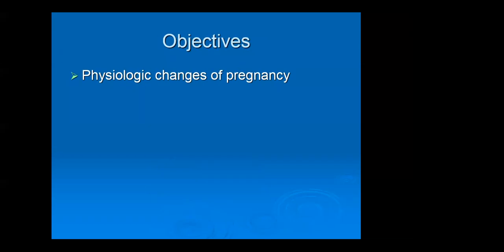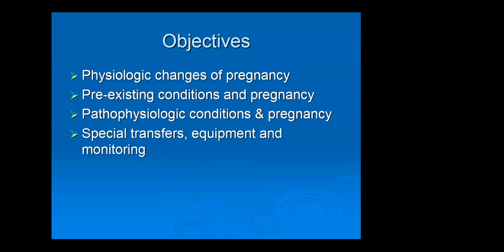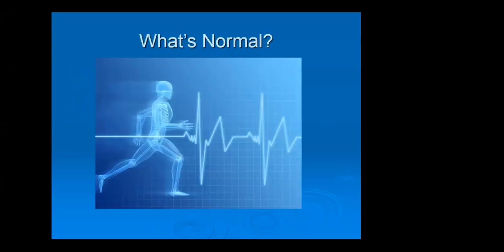So when we start out talking about the OB, we're going to move from OB through delivery into the pediatrics, progressing in a logical order. Objective-wise, we'll talk about the physiologic changes of pregnancy, pre-existing conditions, pathophysiology, and then the transfer and equipment. So the presentation is titled What's Normal, What's Abnormal.